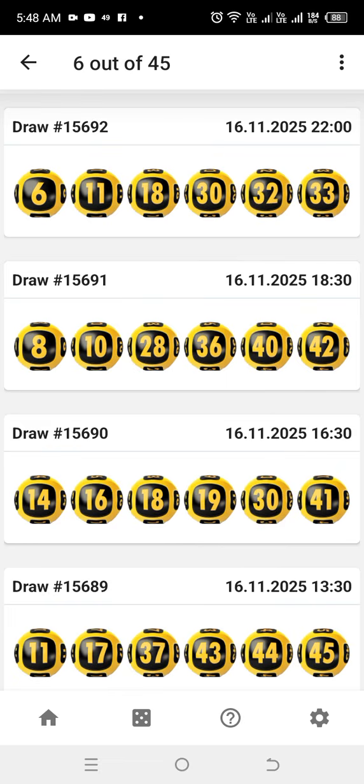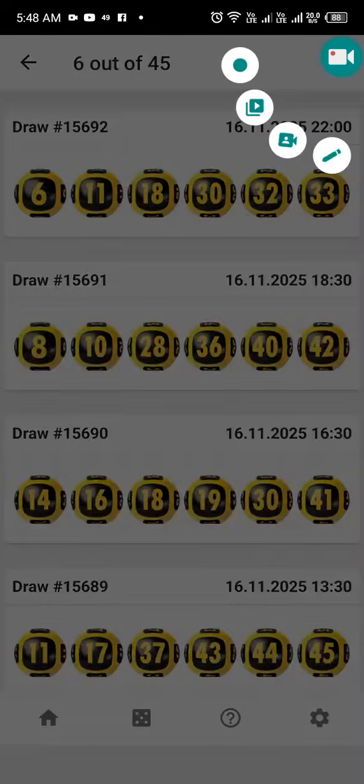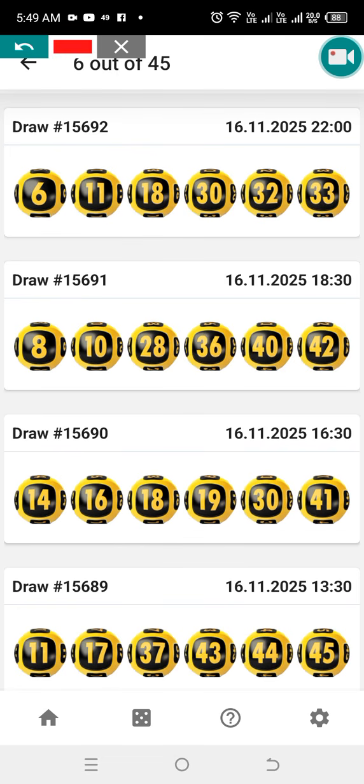Now look at the other row. We have 8 as a main. We have 40. Right? Remember, 9 is here. Right? Even 30 came back.